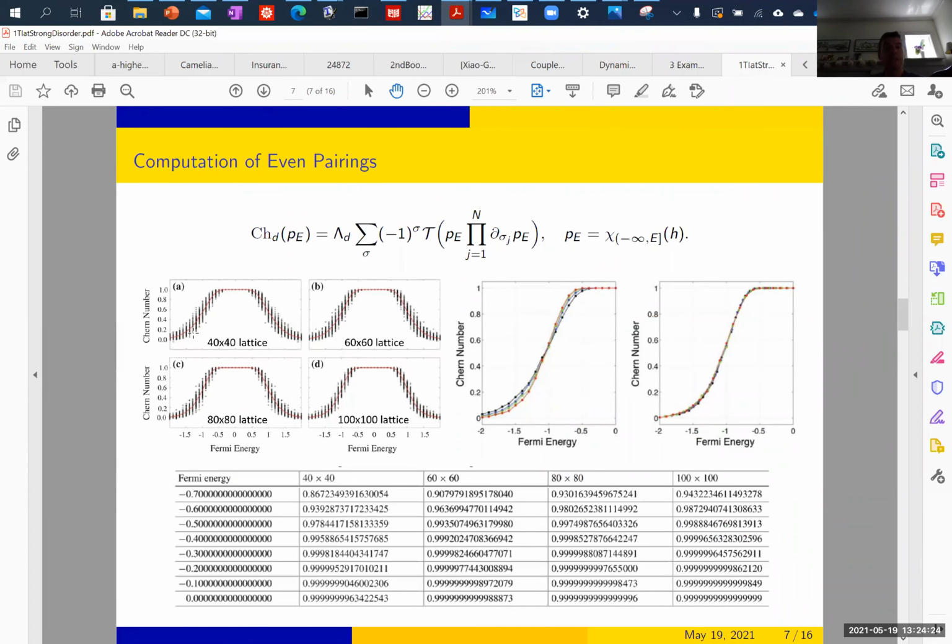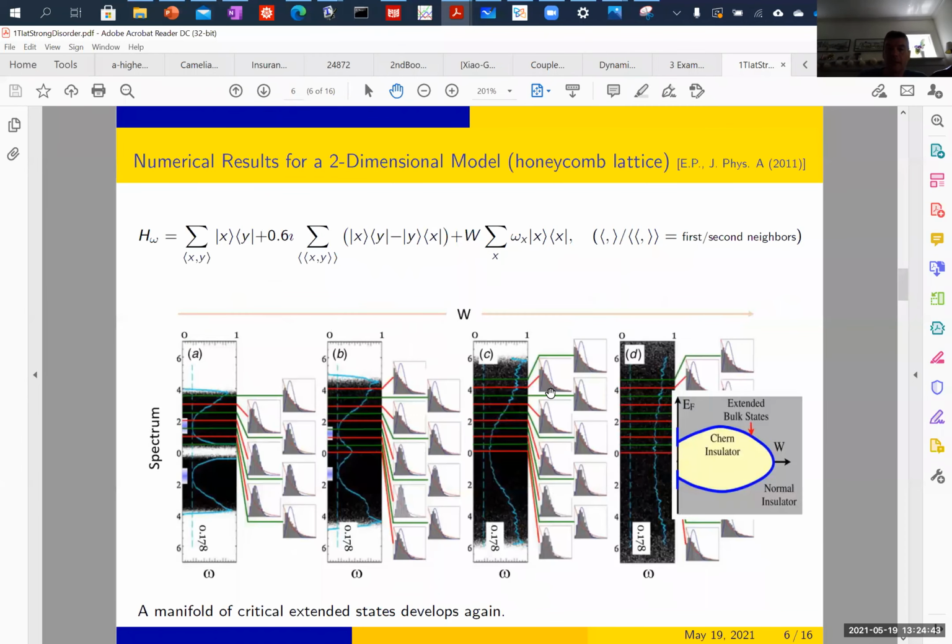And you will find again that if you calculate the strong topological invariant, it takes quantized values with a not so abrupt change while crossing this phase boundary.